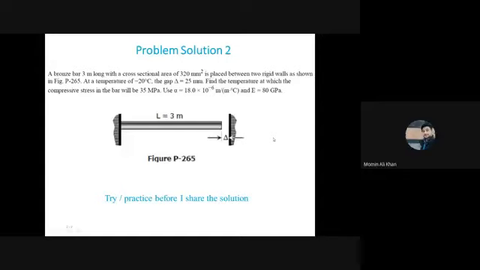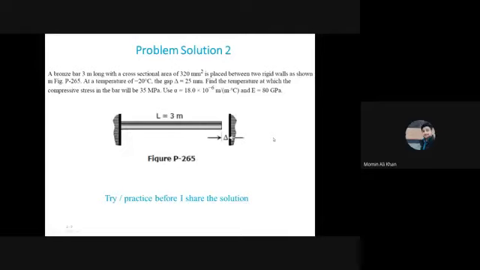Sir, here we will first find the total stress on the body before we increase the temperature. Please be a little louder, because I couldn't hear you properly. Sir, in this problem, we will find the current compressive stress on the body.